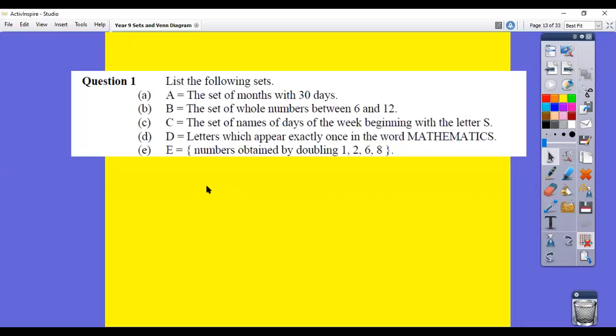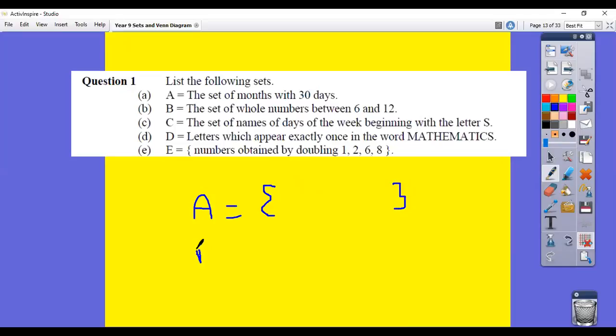You write set A equals curly brackets, and my curly brackets are not too good, and then write in here, shorthand if you like, the months of the year that only have 30, not 31 or 28. And then close the bracket.